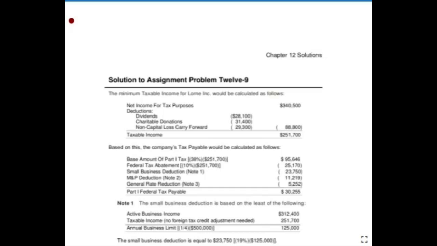So we are on page 626, and we're going to run through problem 12-9, and that is a question where we're going to calculate taxable income, a basic little taxable income calculation, and what we call Part 1 federal tax payable.